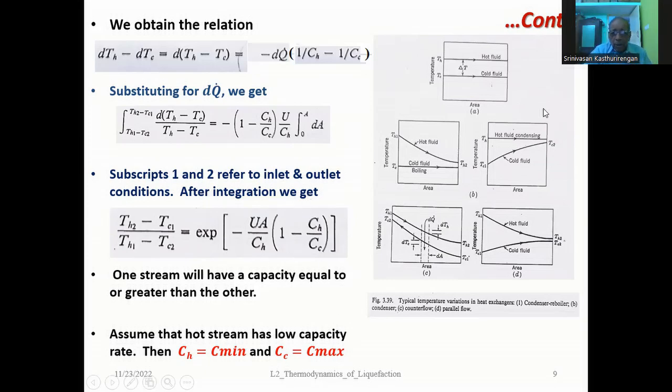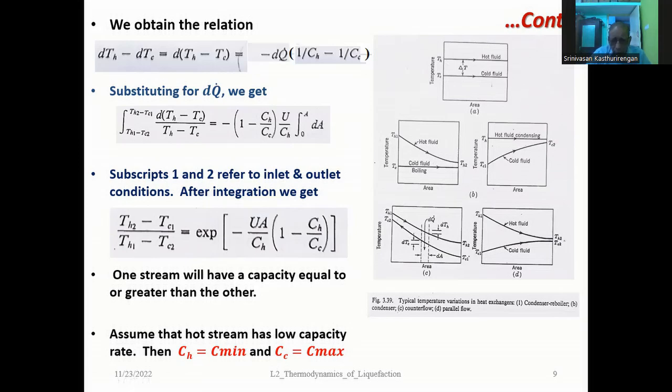Now, you can see the different possible configurations. So, for example, in the case of a condenser or reboiler type of situation, you have the hot fluid at one temperature, cold fluid at another temperature, and you have constant behavior.